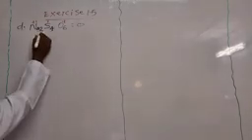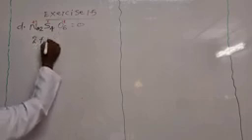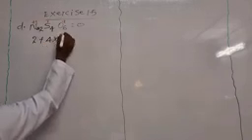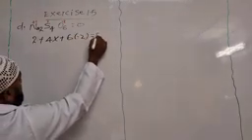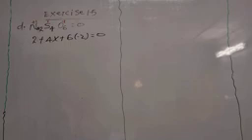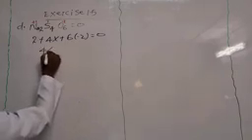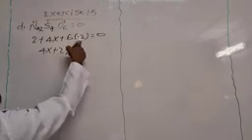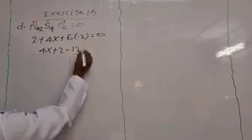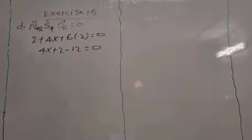Here 2 times +1, +2, plus 4 times X, 4X, plus 6 times -2. The sum must be 0. Then 4X plus 2 minus 12 equals 0.